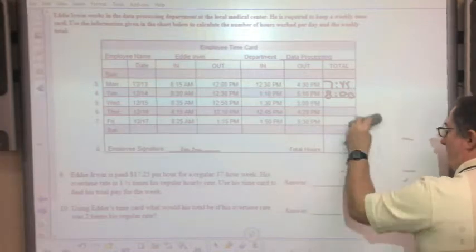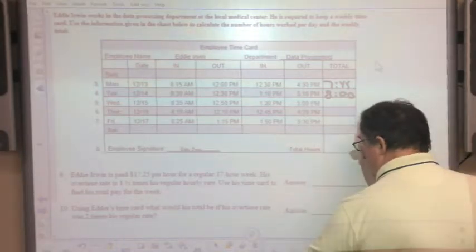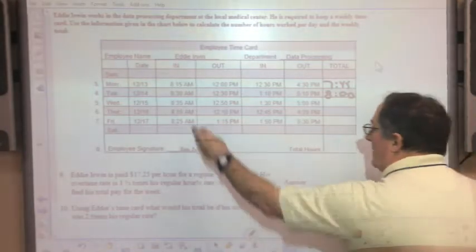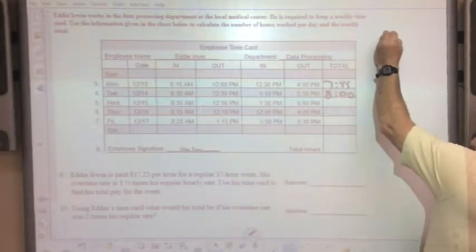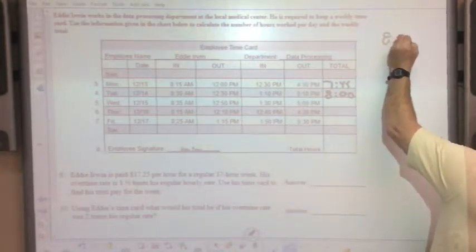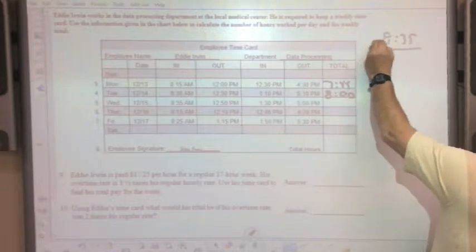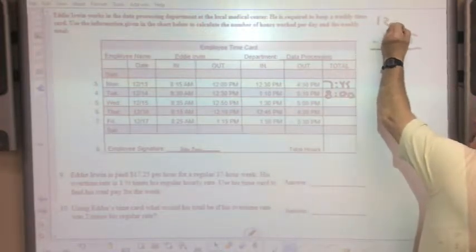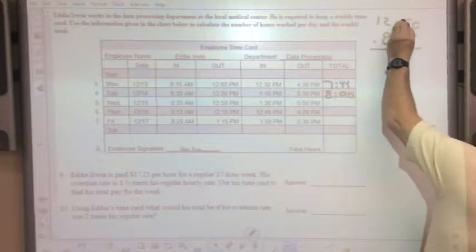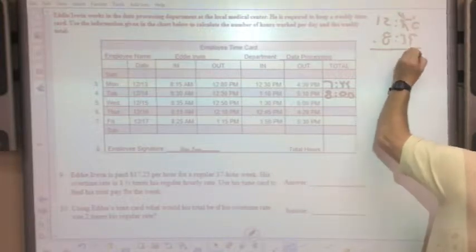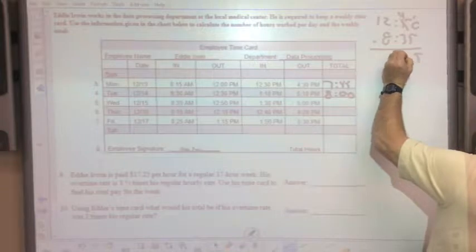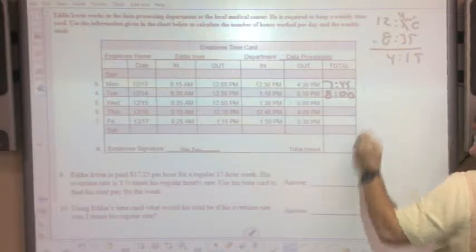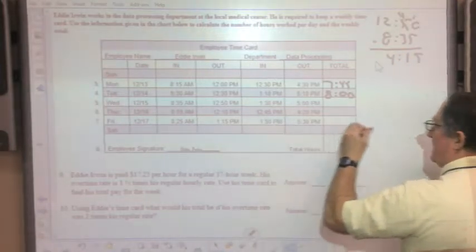Okay, Wednesday comes around. Wednesday, you start at 8:35. You work till 12:50 before you go to lunch. So you don't have to borrow across. You can just do the simple math.